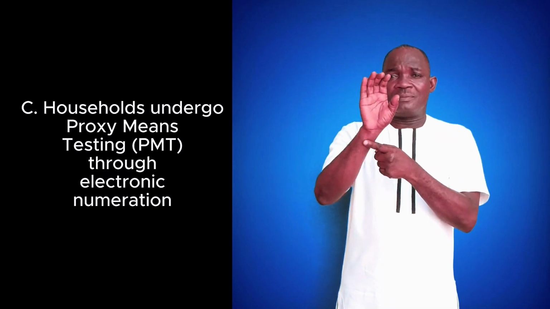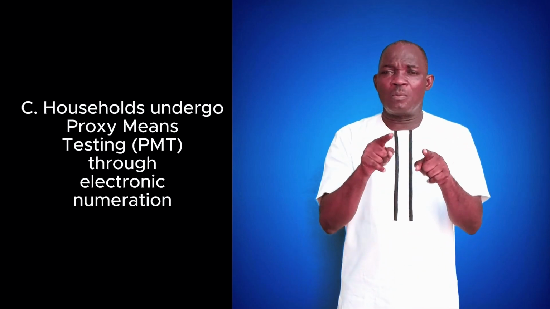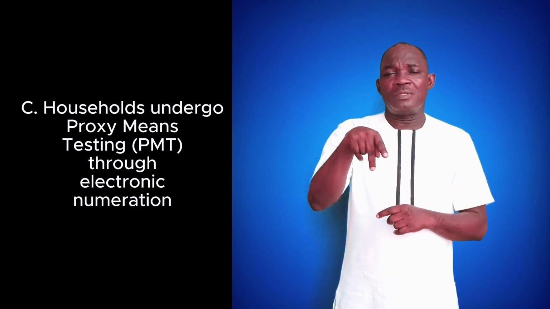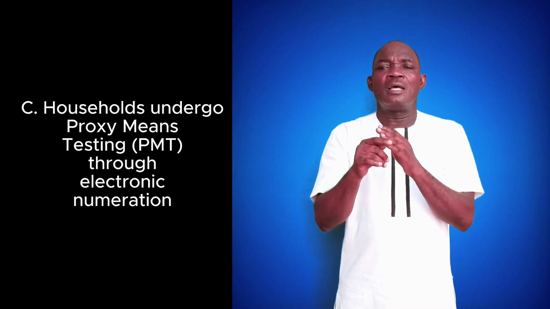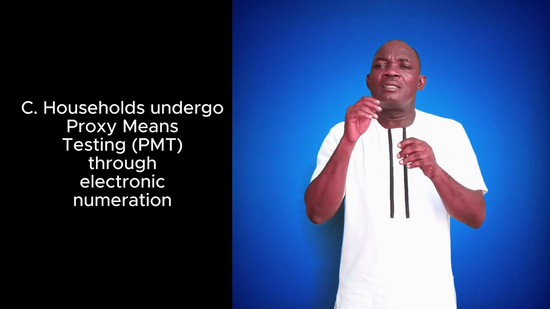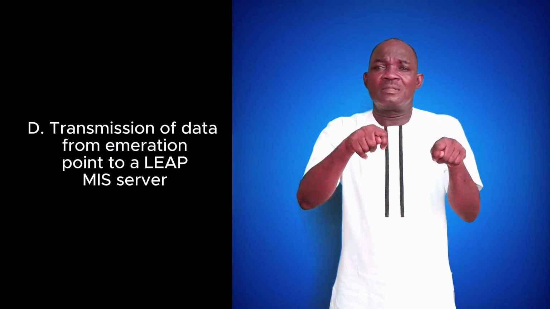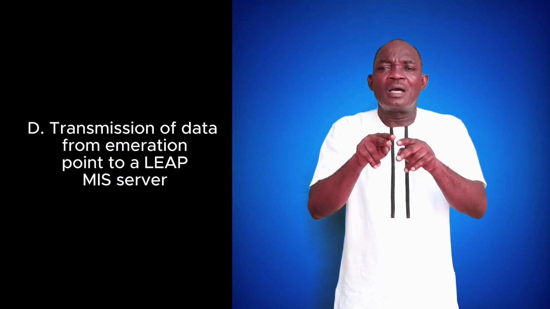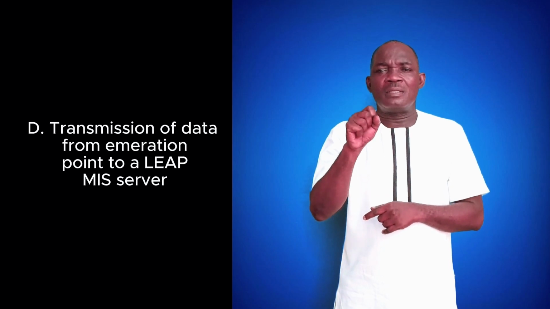C. Households undergo proxy means testing (PMT) through electronic enumeration. D. Transmission of data from enumeration point to a LEAP MIS server.